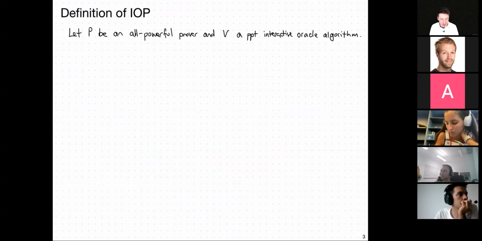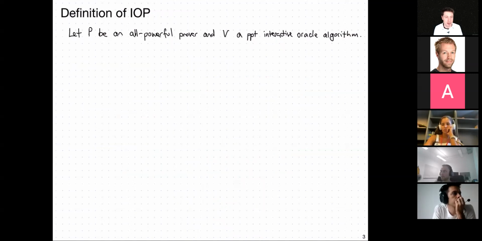So to go through the motions a bit more precisely, suppose you give me an all-powerful prover P and a probabilistic polynomial time interactive oracle algorithm. Interactive oracle algorithm just means that the algorithm has tapes to interact with some other machine, and also has the capability to write down queries and get back an answer.